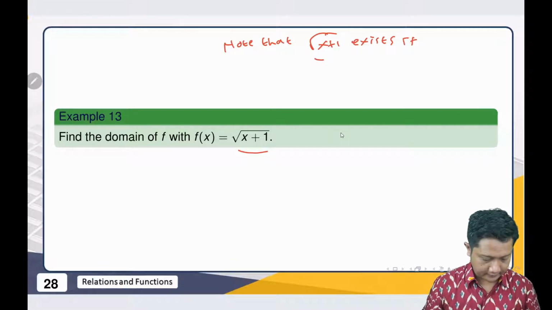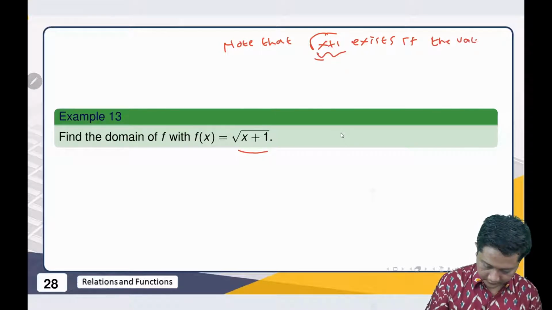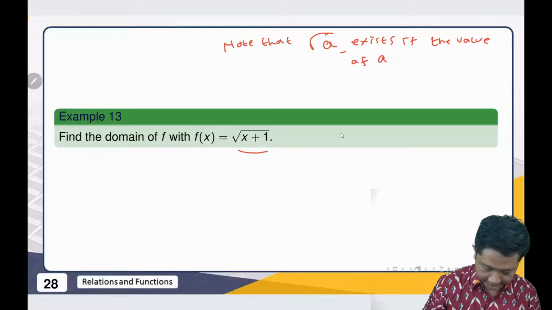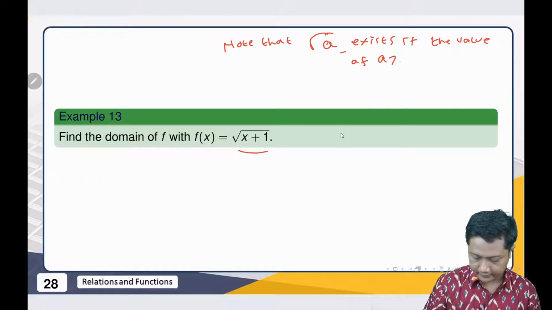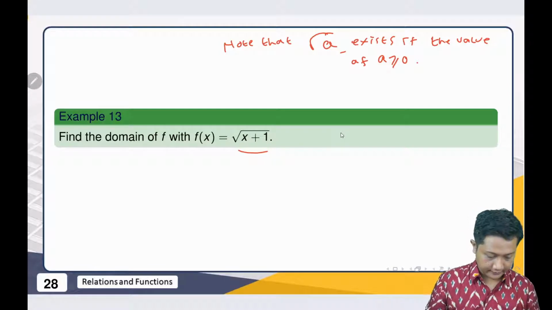Because we are working in the set of real numbers. That's why this only exists if the value inside the square root is non-negative. So in general, for the square root of a, the value of a must be greater than or equal to 0.